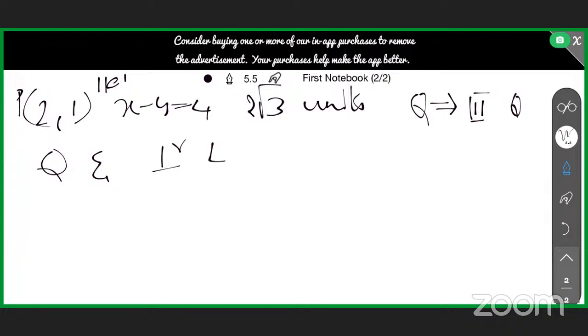So how to do this one? Actually, what type of question is this one?